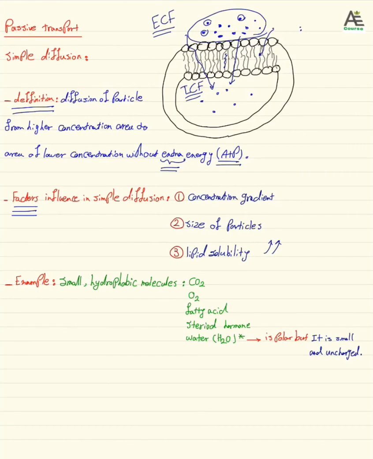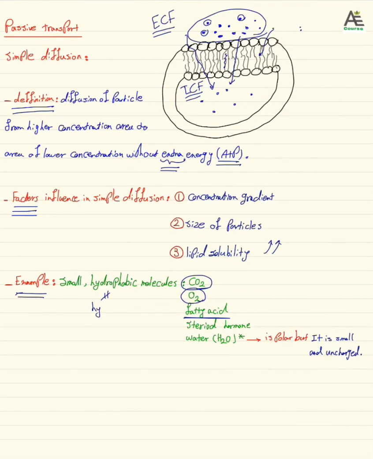Let me give you some examples of the particles that pass through the cell membrane with simple diffusion, like carbon dioxide, because it's small. Oxygen is also very small, and it can pass through the cell membrane very easily. And then fatty acids, because they are hydrophobic. Hydrophobic is the opposite of hydrophilic.